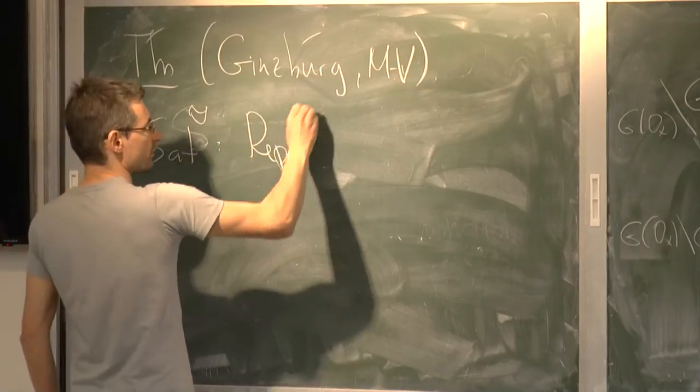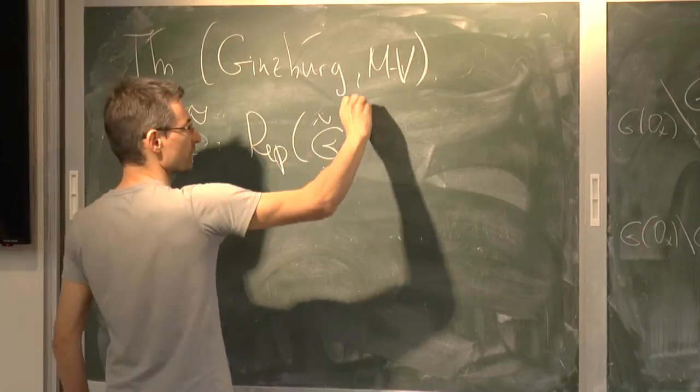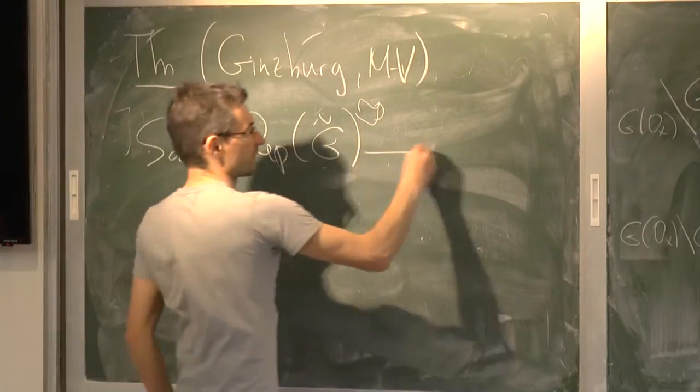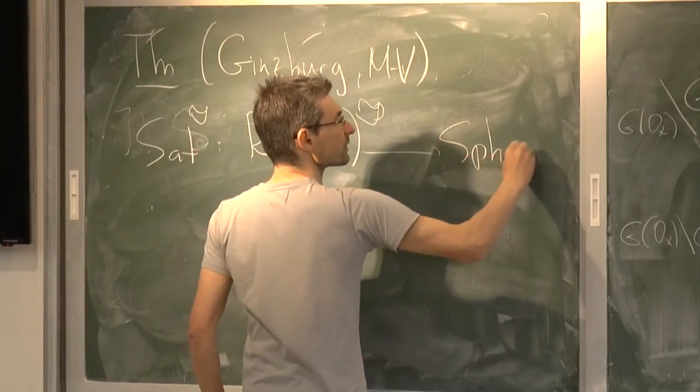We consider the category of representations of the Langlands dual group, take its heart, and it goes to Sf heart.